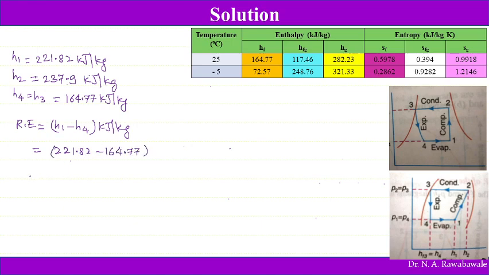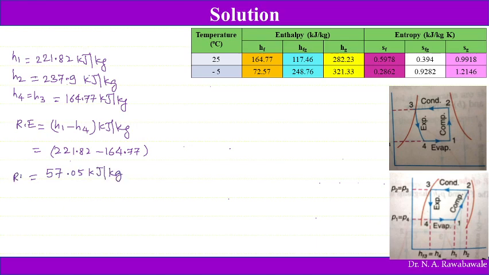So we get 221.82 minus 164.77 as 57.05 kilojoules per kg.